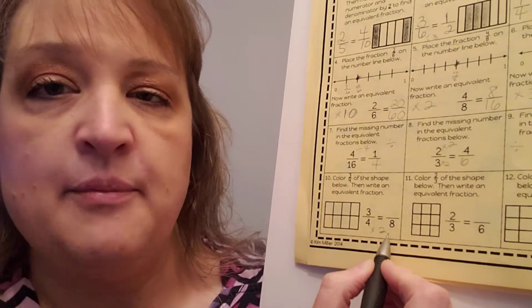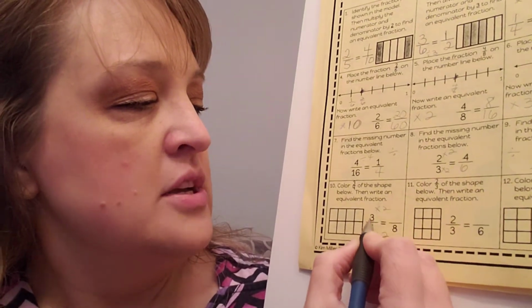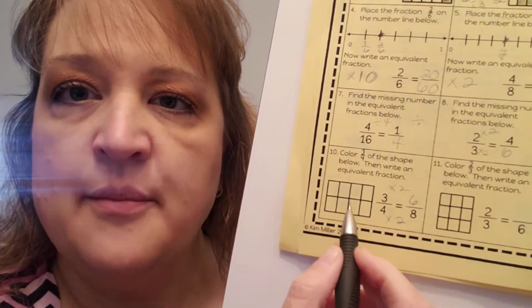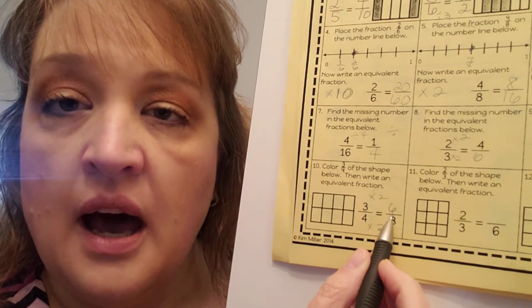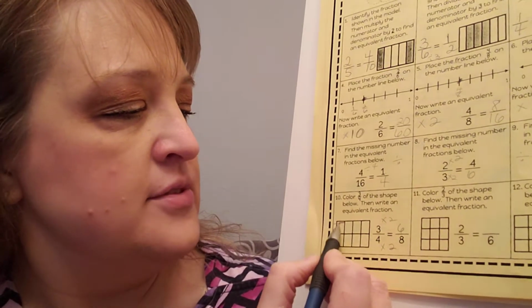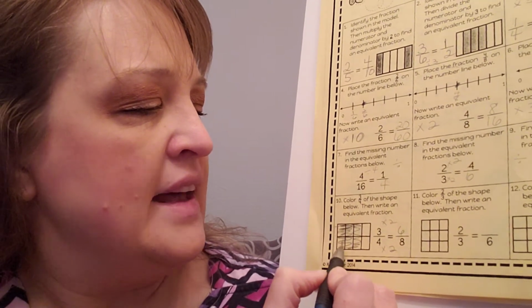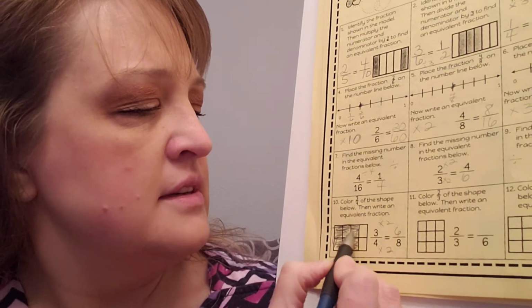So if I multiply by 2 here, what do I have to do to the top? Multiply by 2. So 3 times 2 is 6. So how many of those 8 should I be coloring in? I should be coloring in 6 of those. And that is the same as coloring in 3/4.